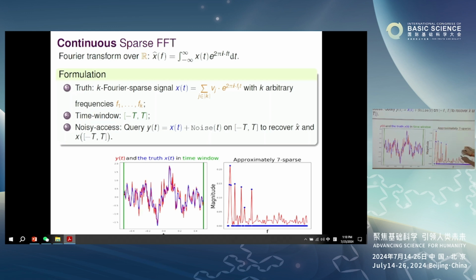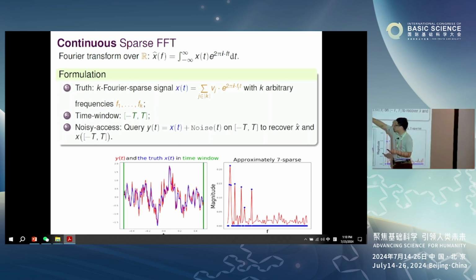I also have noisy access to the true signal. This means my input data is y, which is the true sparse representation x plus some noise.